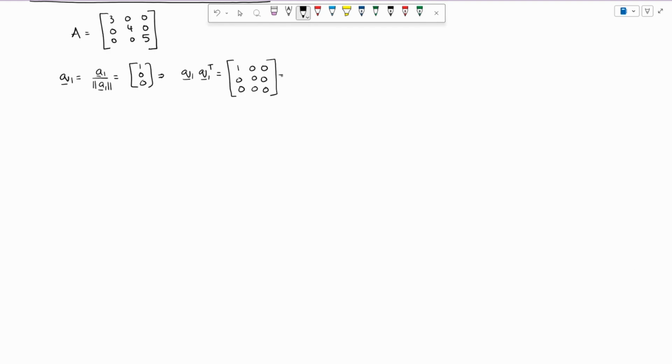Okay. That's my P1. Now I compute E2. To compute E2, I do A2 minus P1 A2. Huh. It's exactly equal to A2.